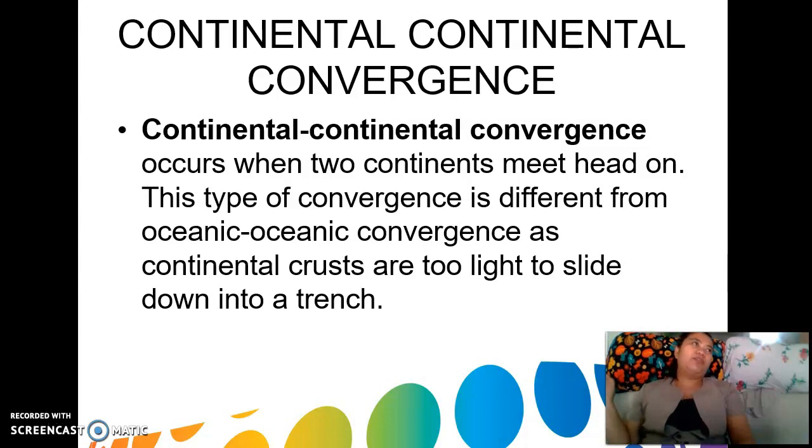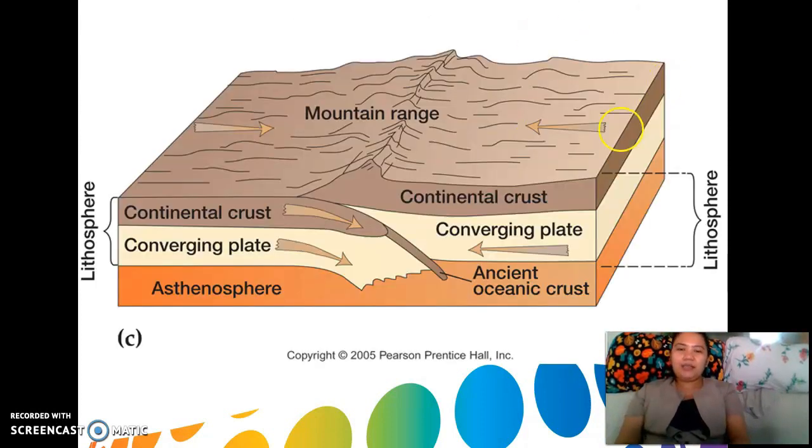Since both of them are light, there will be no subduction, because in subduction, the denser plate will go down and form your subduction zone or subducting plate. In this case, both of them are light, thus no plate will subduct, and both of them will go up and form your mountain ranges.